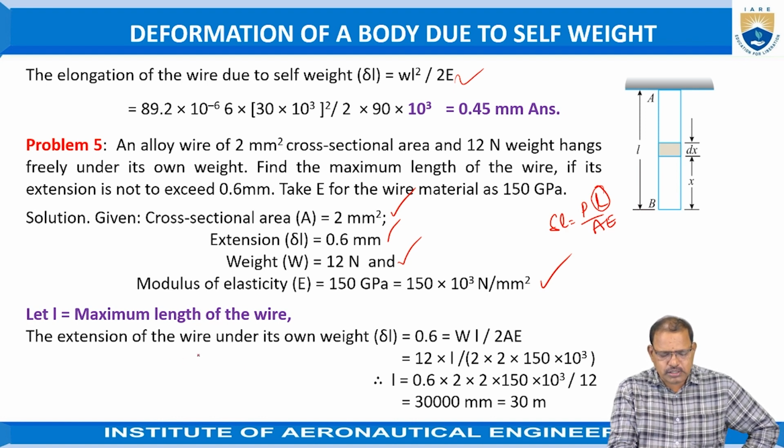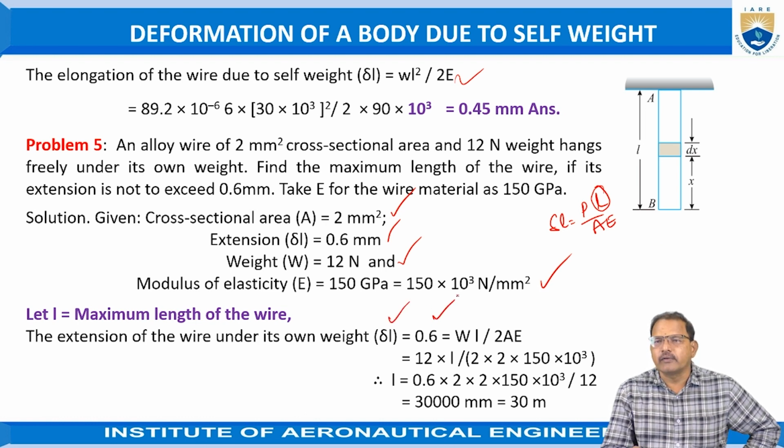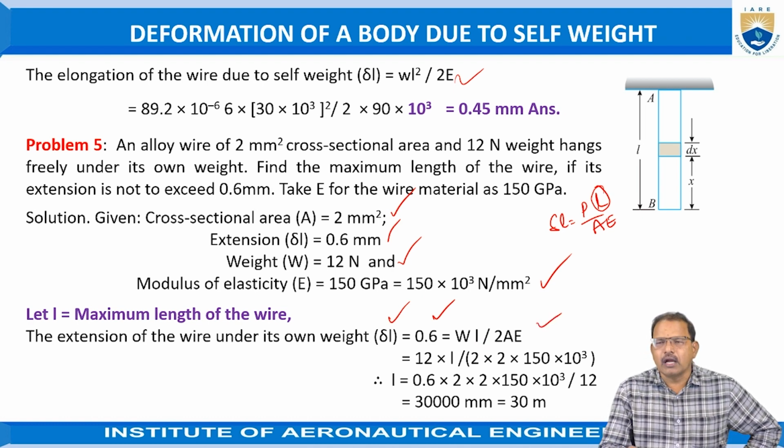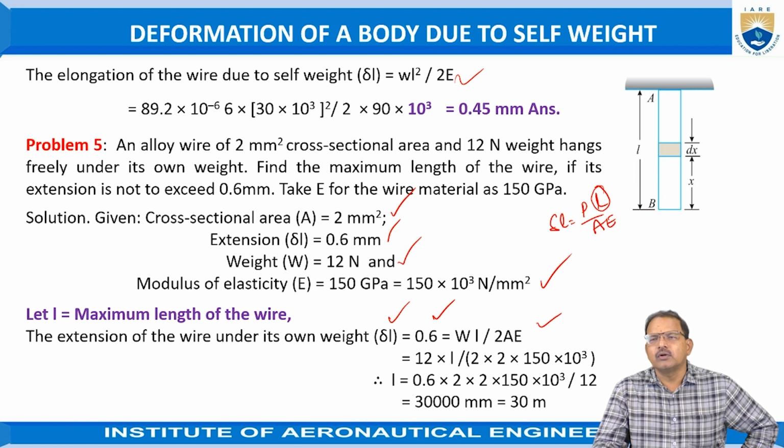So the extension of the wire under its own weight is given by delta L is equal to 0.6, according to our problem, which is equal to W into L divided by 2AE, where capital W is the total weight of the wire, L is the length of the wire, A is the area of the cross section, and E is the Young's modulus.